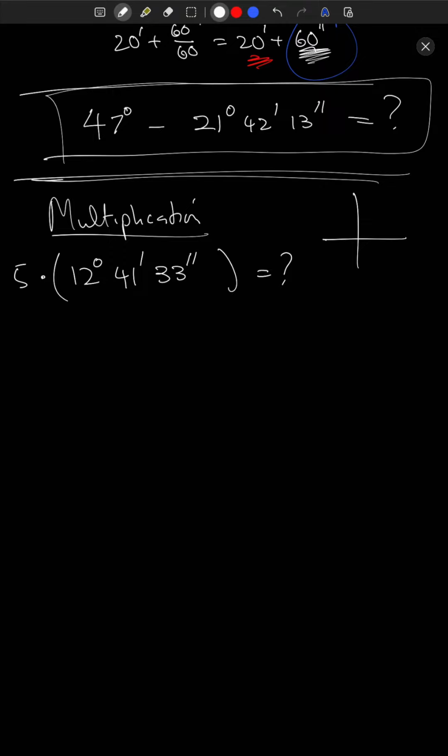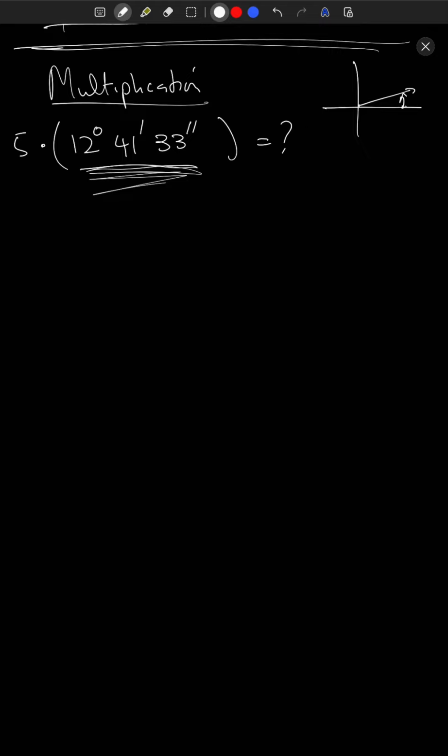Well, if you're thinking about motion, perhaps you have gears or something like that that move this amount of degrees every interval. Now you have 5 intervals, let's say, of time. Then how far will this gear have turned? So a very, very natural type of question that you might encounter.